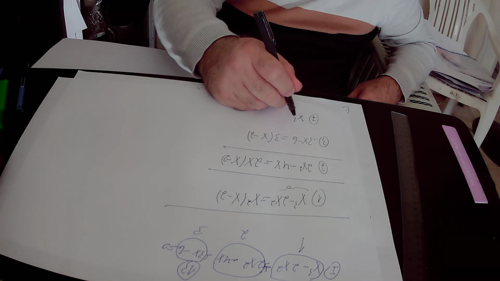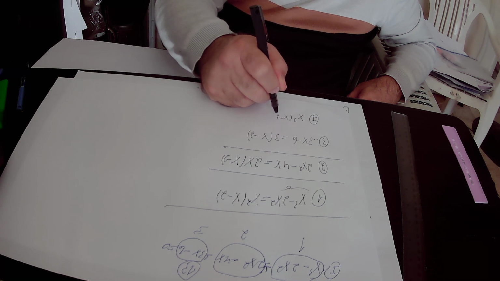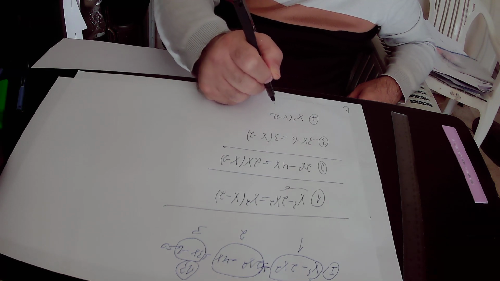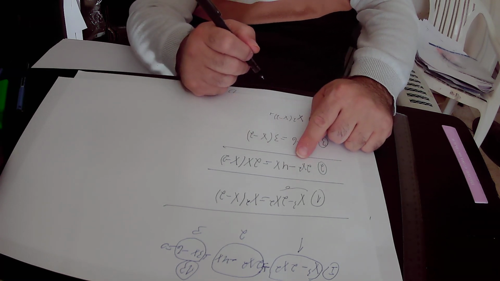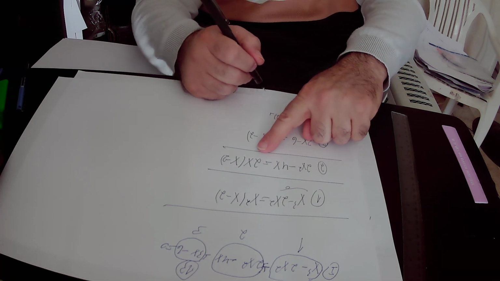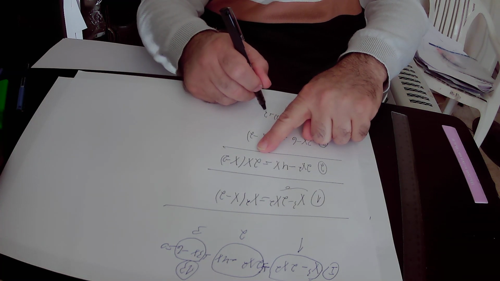We'll get x squared times x minus 2. Here we'll substitute this expression by this expression that equals it.